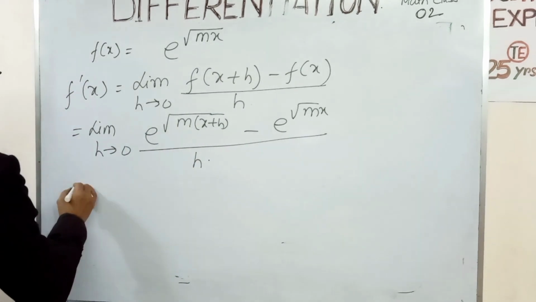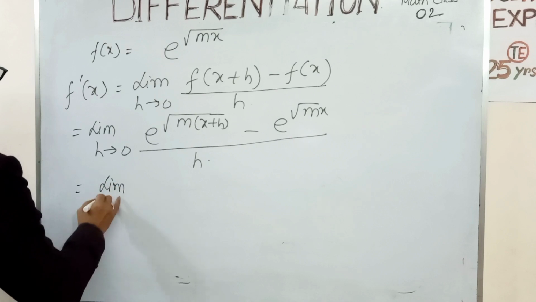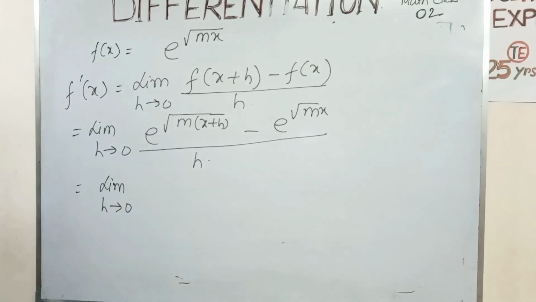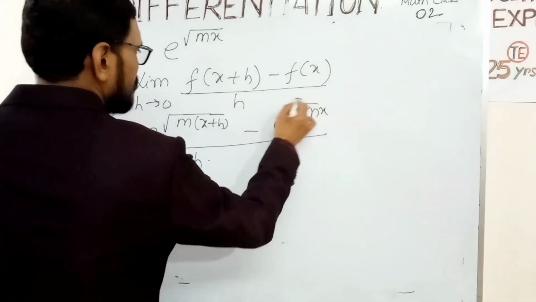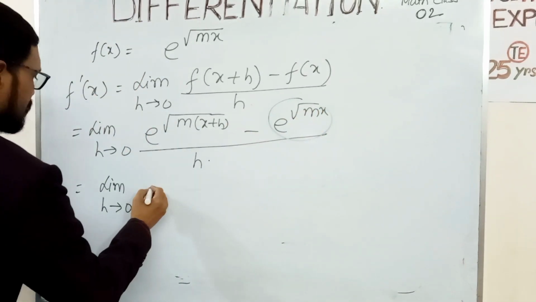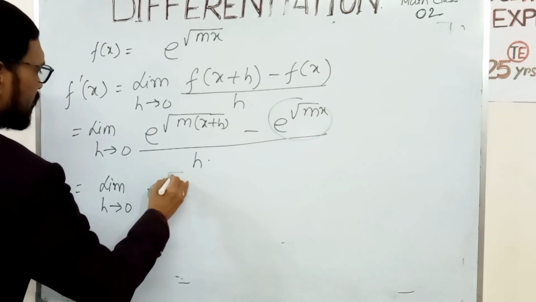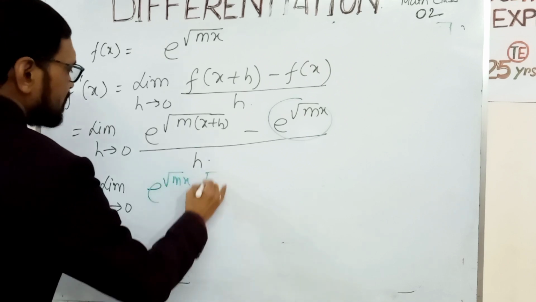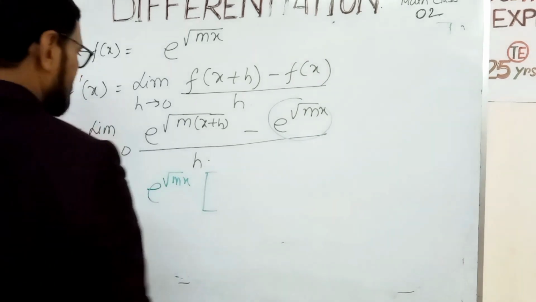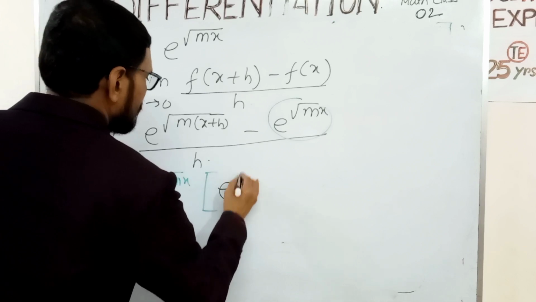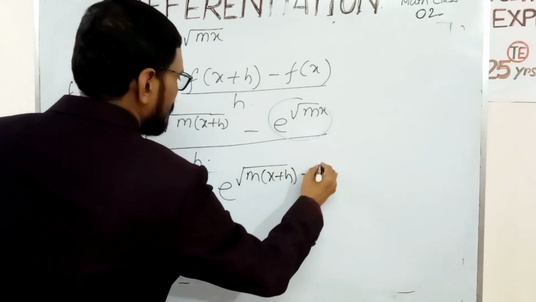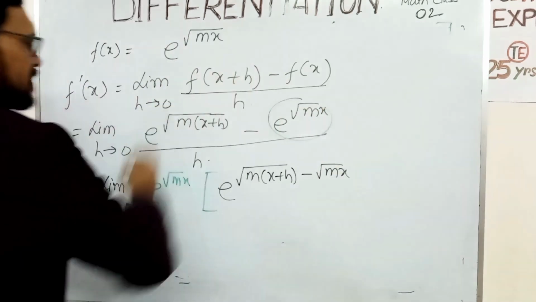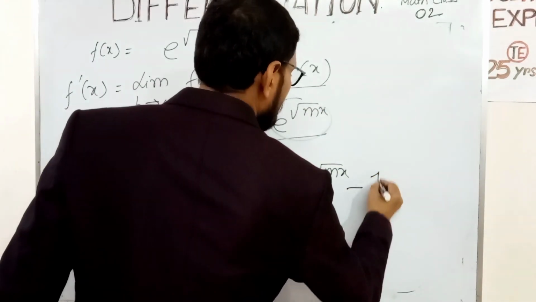Now take common this value from this. So if we take common e to the power root over mx, then the result will be e to the power root over m of x plus h minus root over mx, minus 1.